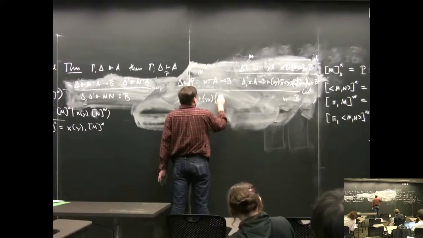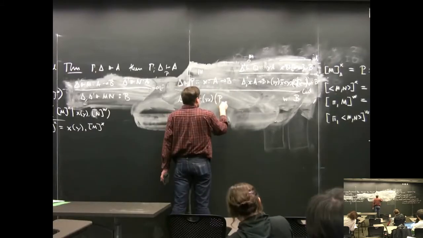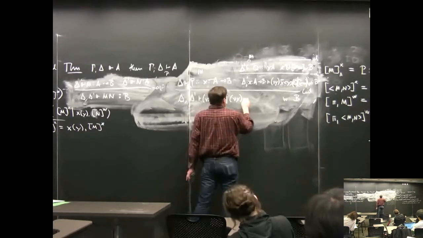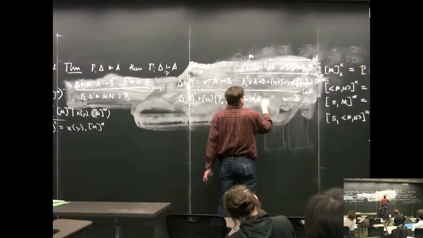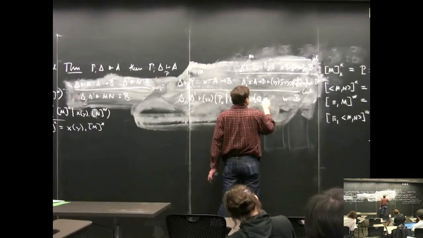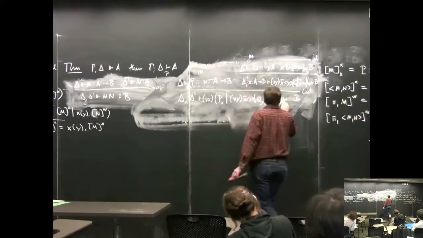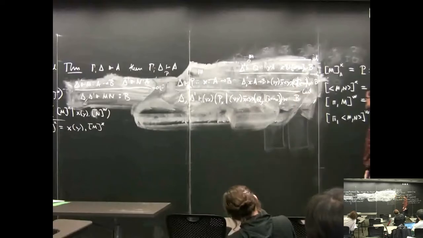We have a new x, we have p x in parallel with new y, output y along x, and then q, which is y, in parallel with x forwards w. Okay? All right.